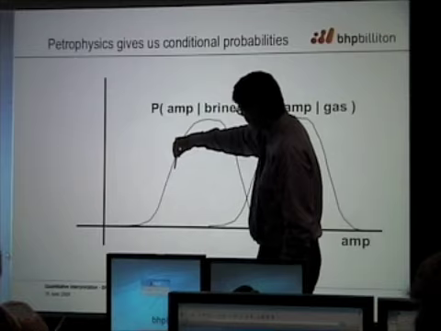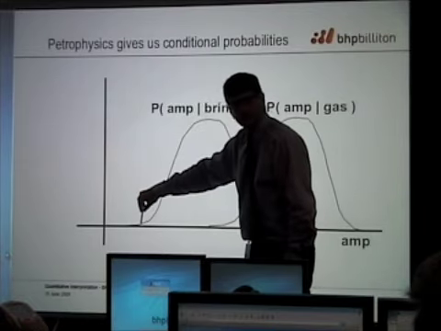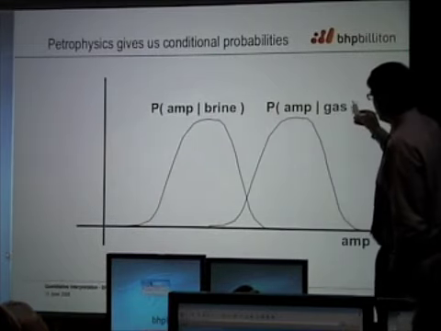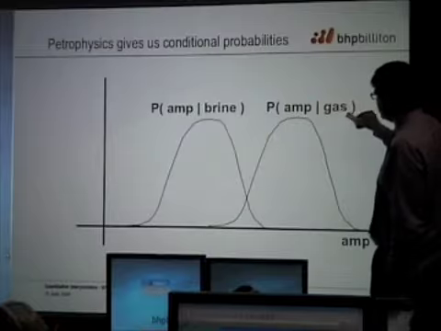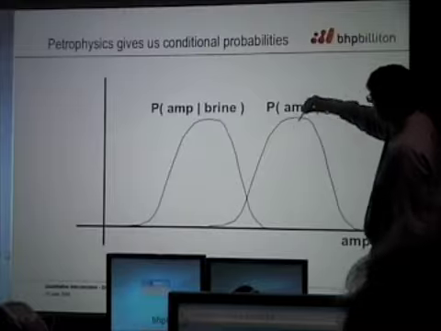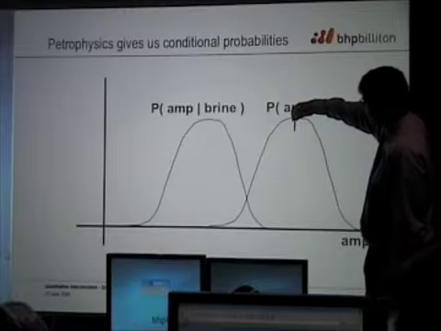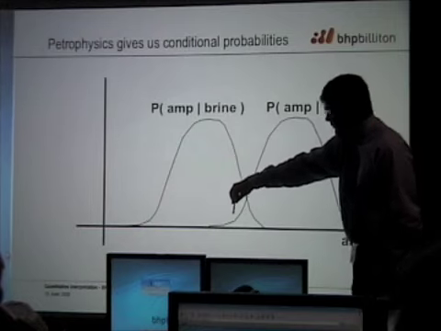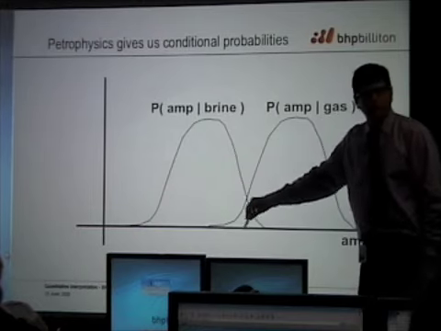This is still pretty probable. This is not very probable. This is the conditional probability that if we had a gas, what would be the probability of the amplitude? Again, you see the most likely value for gas is here, but this is still modestly probable. This is not very probable at all.